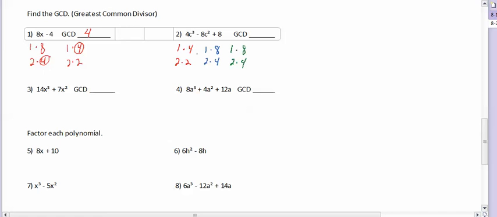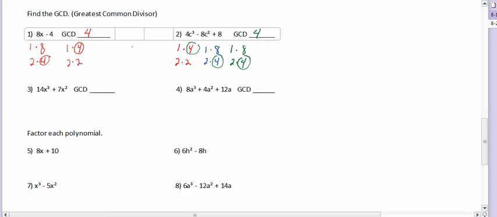Okay, so now, what is the greatest common divisor that they have? The biggest number they all have in common is a 4. So our greatest common divisor is a 4. Then I look, this one has a c to the third, this one has a c to the second, and that one doesn't have a c. So the greatest common factor or divisor that they have is a 4.